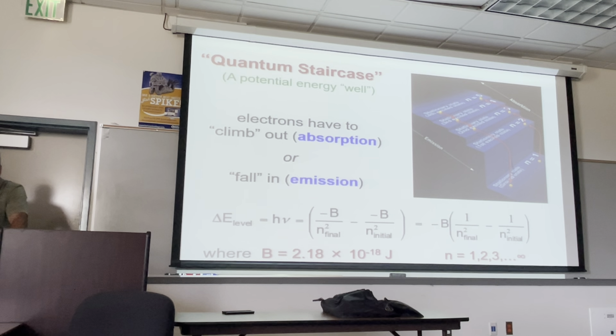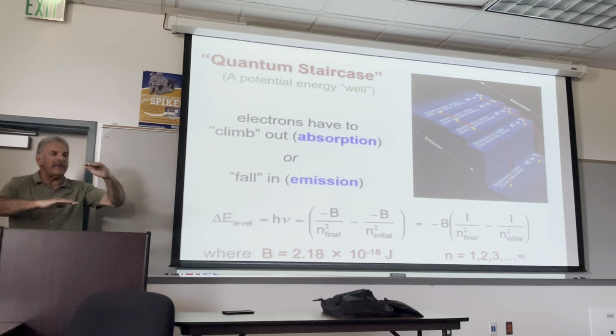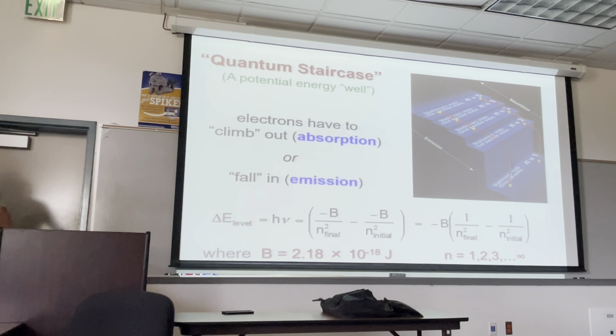So there's a break, but those of you that need to understand that we can use this B value because, again, everything's quantized. So that's the step. B is the step where B equals 2.18 times 10 to the minus 18 joules. And again, what does this look like? This looks like the Rydberg equation, right? Instead of R, you have a B. Okay, so let's not really worry about that one.